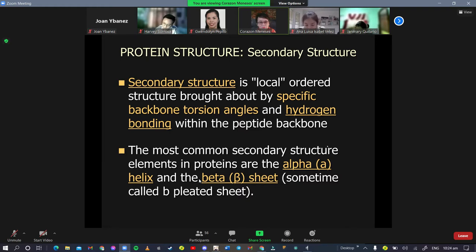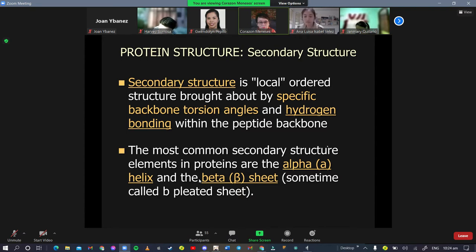So the stabilization here, in addition to the peptide bond that you see in the primary, it can now conform to another conformation by the twist of the psi and phi angles, and then it will be stabilized by hydrogen bonding found on the peptide backbone.